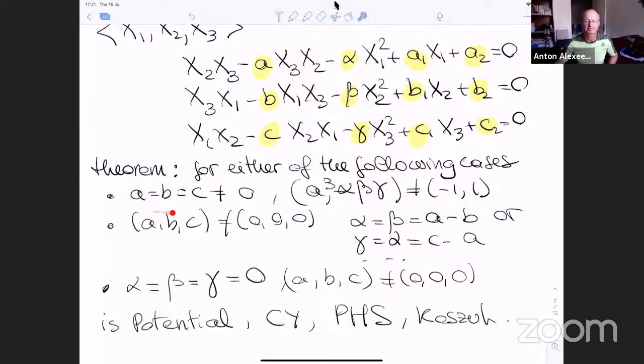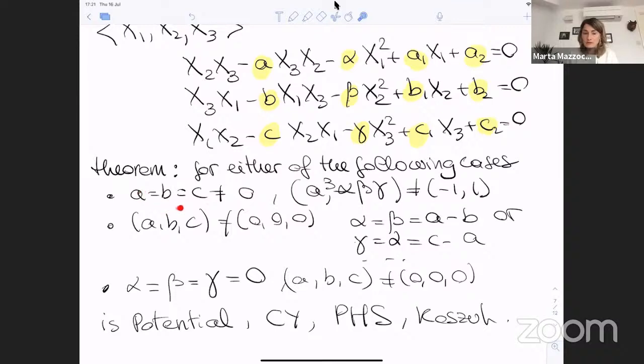We ask that A is equal to B equal to C. But it's still interesting because this is essentially the Sklyanin case, but we allow a deformation of the Sklyanin. Then here I have the Pandey case. And here I have some sort of mid case in which we allow A, B, C generic, but then we ask some relations in the deformation.